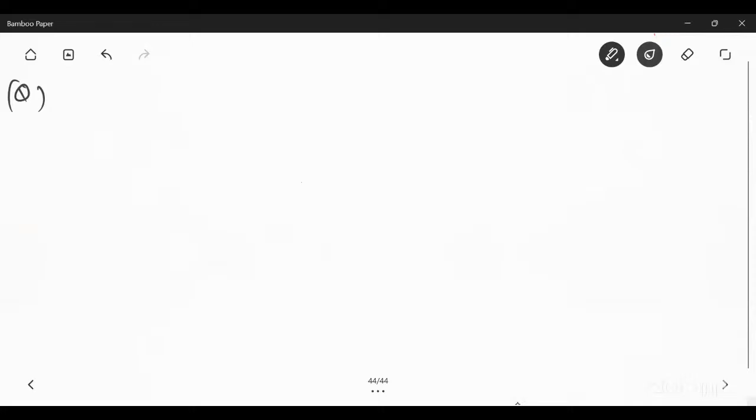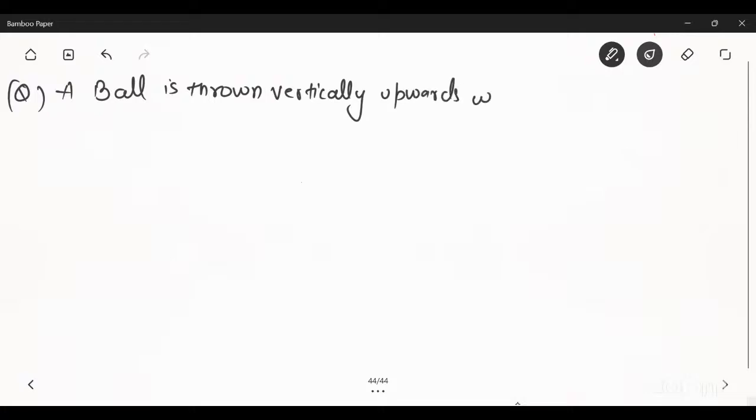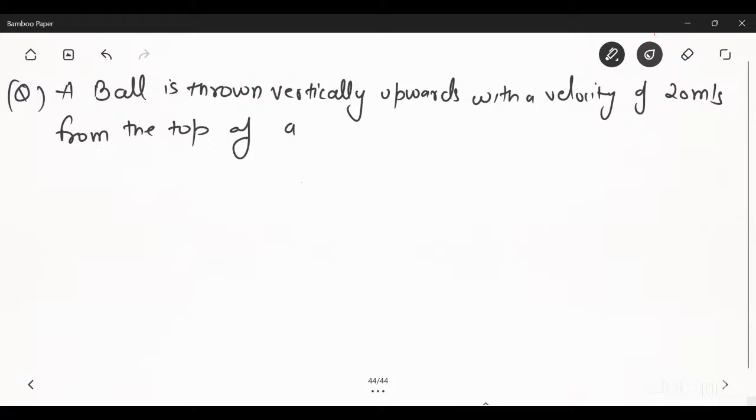A ball is thrown vertically upward with a velocity of 20 meter per second from the top of a multi-story building.